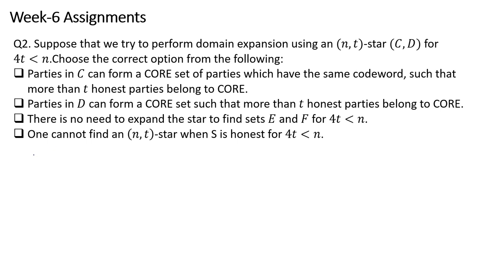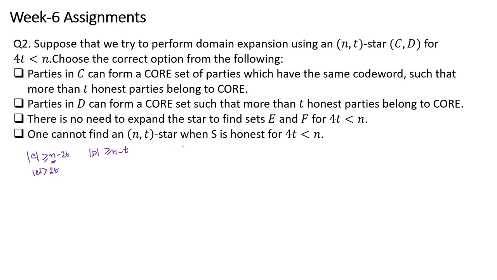So C has a cardinality greater equal to n minus 2t, and D will have a cardinality greater equal to n minus t. Since n is greater than 4t, we can write this as greater than 2t.